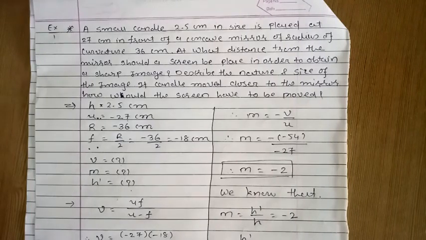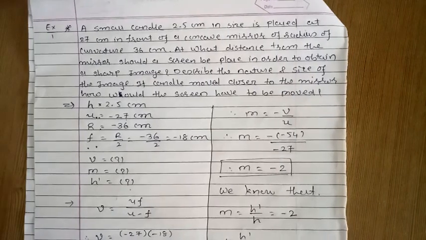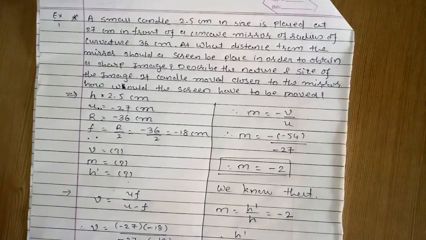If we take the candle towards the mirror on the right hand side, the image moves away from the mirror on the left hand side.